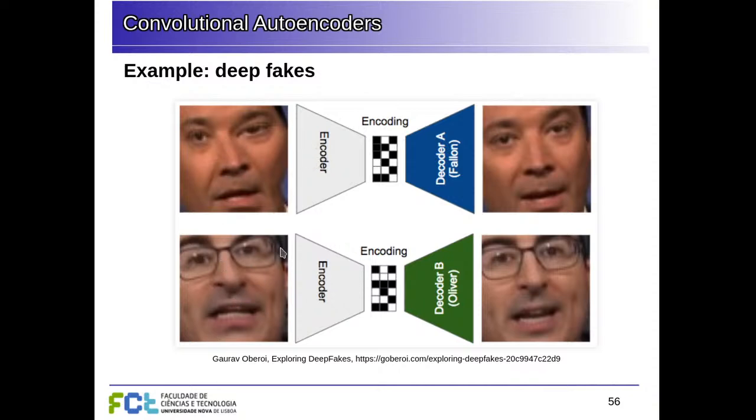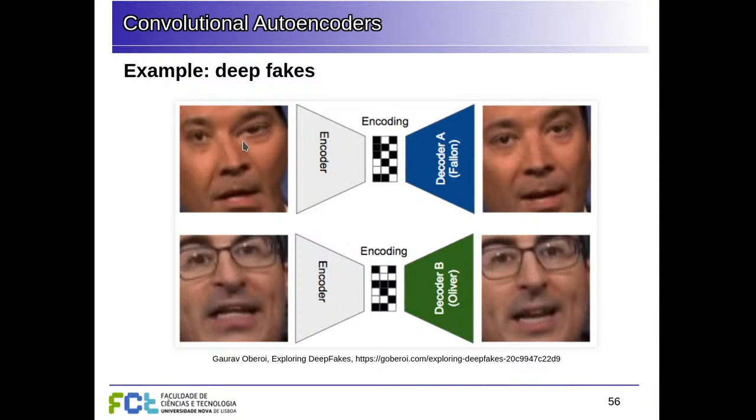So we are training the same encoder to provide this encoding. And this means that images from Jimmy Fallon and John Oliver will be mapped into the same latent space. But now we are training different decoders. One that reconstructs the original images of Jimmy Fallon from examples of Jimmy Fallon.